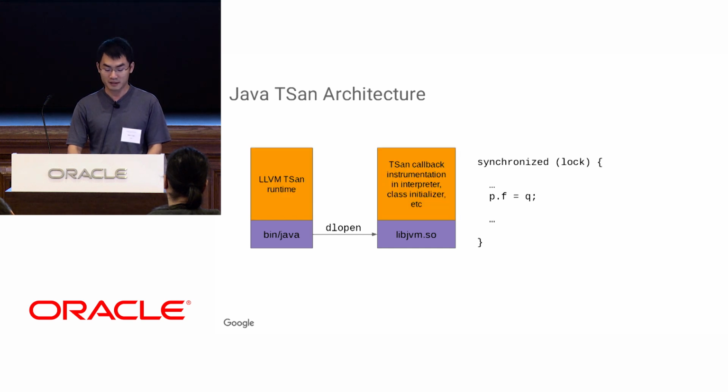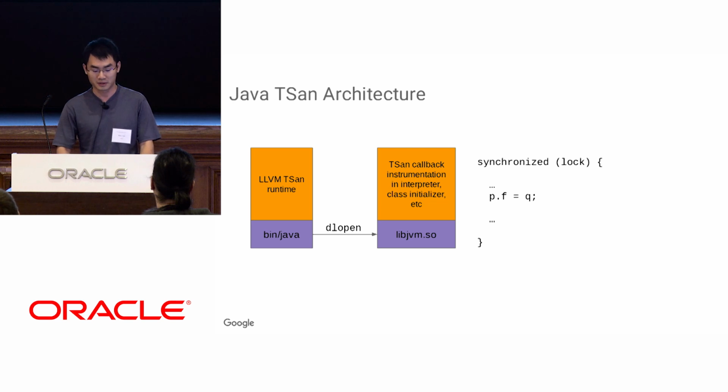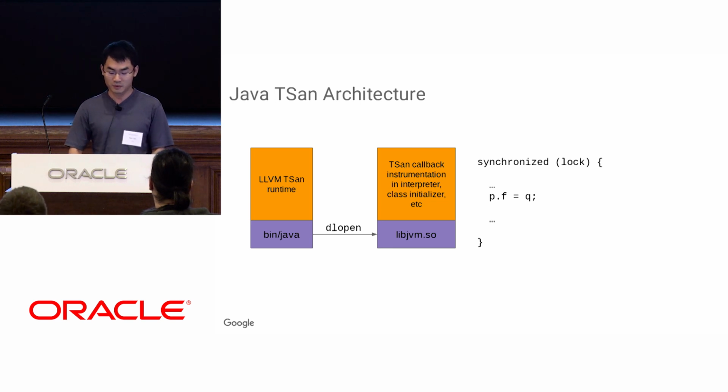With TSan, we link the native LLVM TSan runtime with the launcher itself, because TSan needs to do all the initialization at the very beginning of the program start. Then we instrument libjvm.so with all the TSan callbacks.